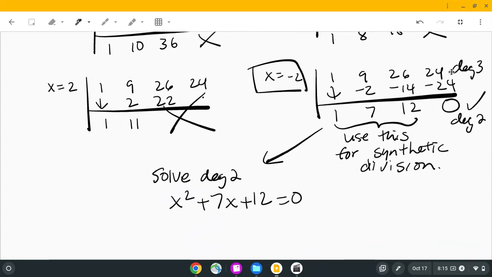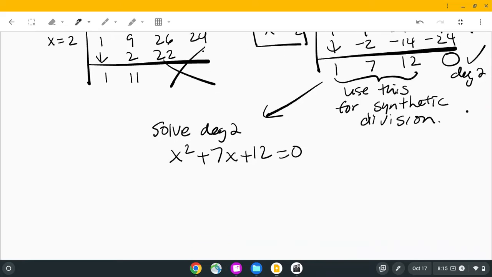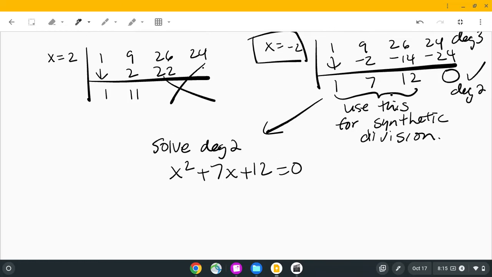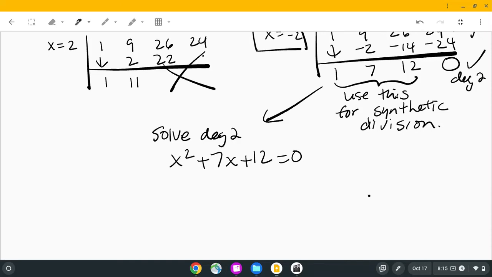That's a long list. So you could, if you want to, keep checking your list using this, the 1, 9, 26, 24. Or you can stop here with the synthetic division and then just solve this degree 2 by factoring. If not by factoring, by quadratic formula.